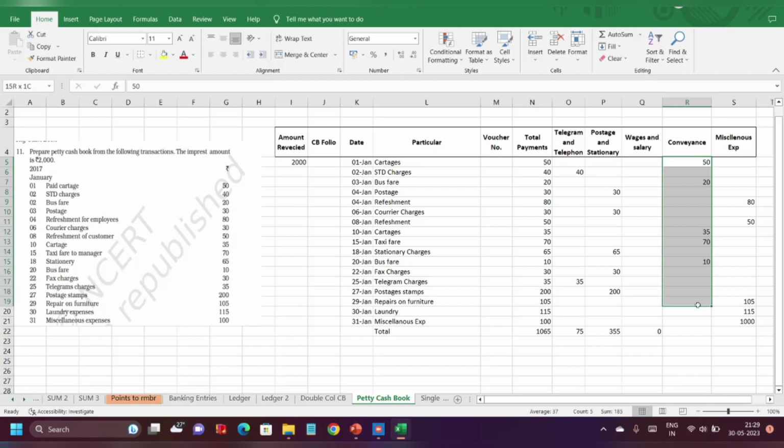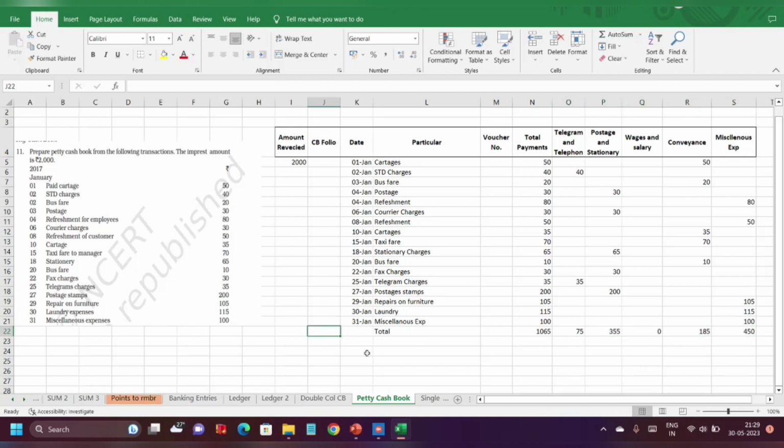Convenience expenses total is 185, and miscellaneous expense total will be 450 rupees. So total of all the payments 1065 must be equal to total of these payments also 1065.